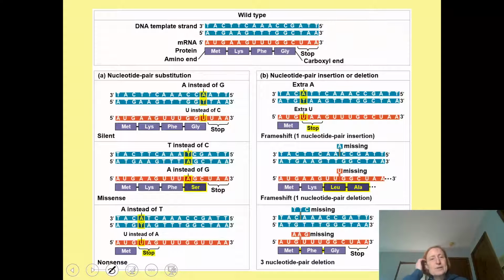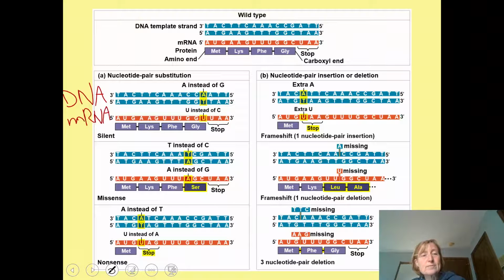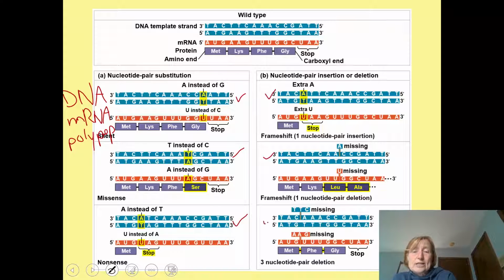And this slide is something you're going to have to spend some time looking at. But basically, in this slide, we have a picture of the DNA in blue, a picture of the mRNA in red, and a picture of the polypeptide chain, or the sequence of amino acids, in purple. All right? And the DNA is virtually the same in all of these drawings, but there might be small changes.